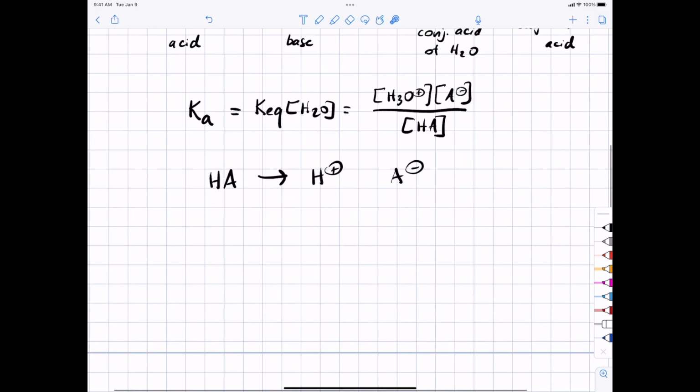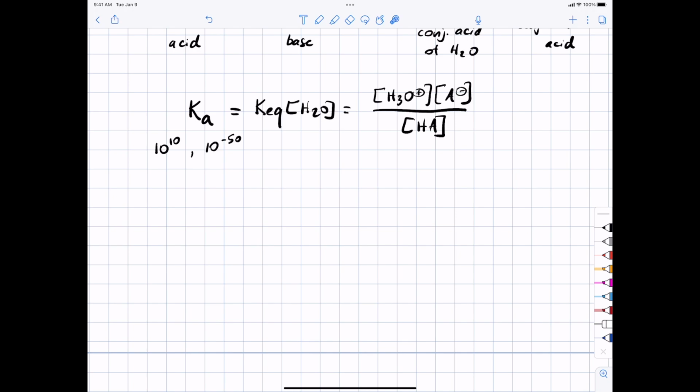Now, equilibrium constants can vary over several orders of magnitude, and sometimes we get lazy and don't want to write all those zeros or even use scientific notation. So instead, we'll use the logarithm to make this more manageable.